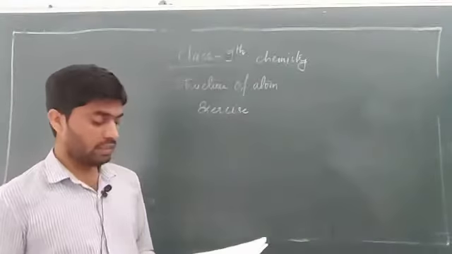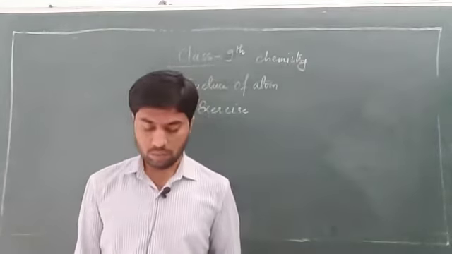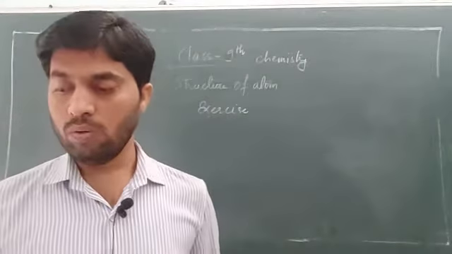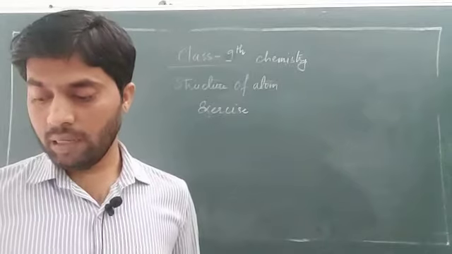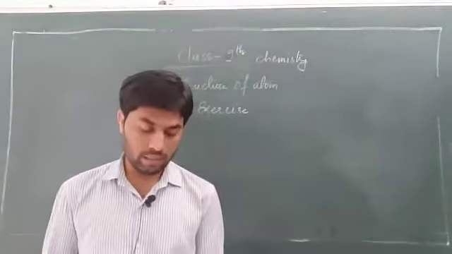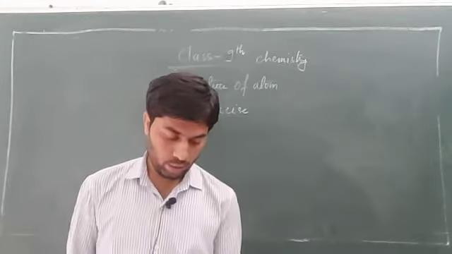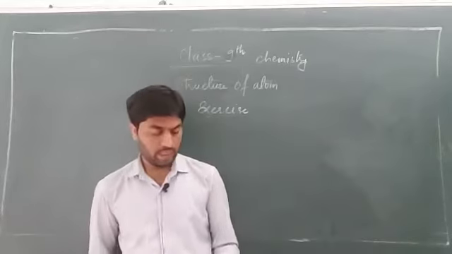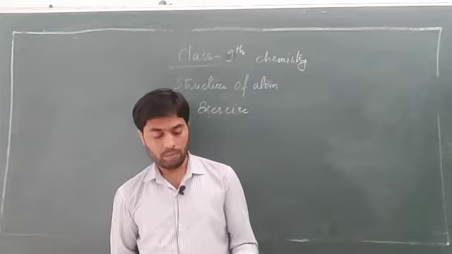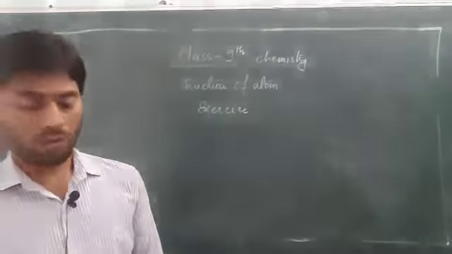Now the third question is: what are the limitations of Rutherford model of an atom? You can see the drawback on page number 48. The orbital revolution of the electron is not expected to be stable.